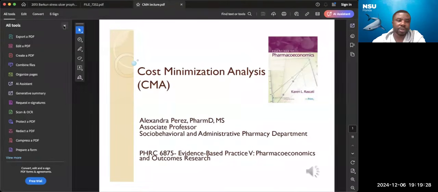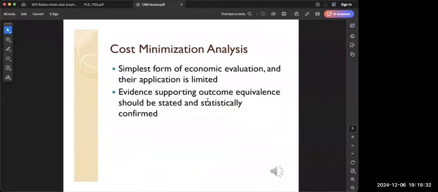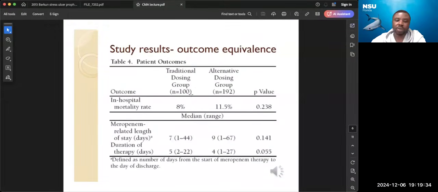Can you see my screen, please? Yes. Okay. So for example, in cost minimization, this is the same drug. I think this one is talking about meropenem, and the fact that there's traditional dosing and there's alternative dosing. This is the outcome and this is the p-value.